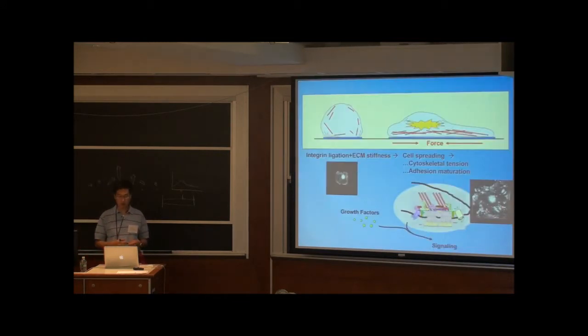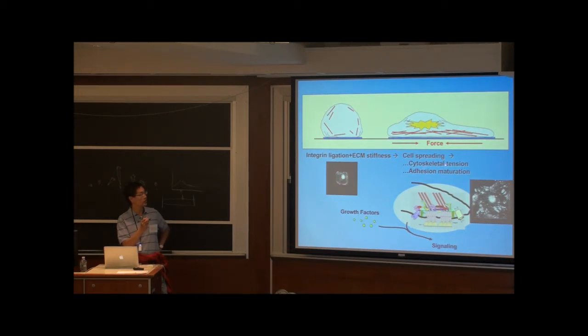So this is starting to tell us a little bit about how cells are using these different kinds of environmental cues to decide what to do. So we had this model that when cells bind to a surface, they're sensing the stiffness, as Mike alluded to initially, and that stiffness then affects how well spread they are. And as they decide to spread out and flatten on the surface, that ultimately drives how much force they generate.